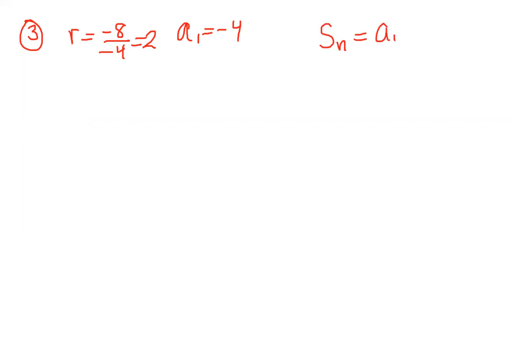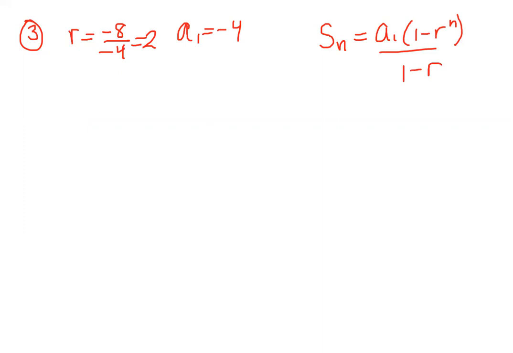Okay, let's look at number 3. Number 3, we need to find r. So we're going to say negative 8 over negative 4, and we get 2. And we need to find a1. A1 is negative 4. What else do we need for our equation? We need a1 times 1 minus r to the n.